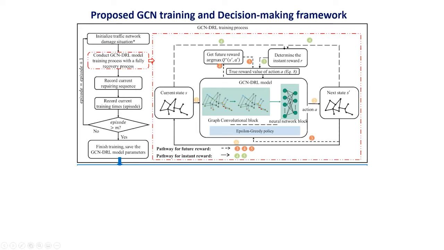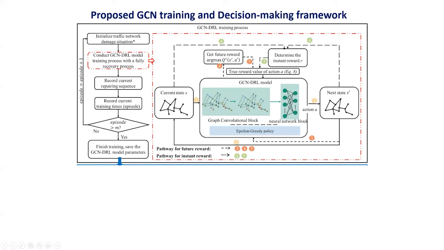At the beginning, we input the current state of the road network into 2 layers of graph convolutional neural network, and we average the output of the graph convolutional neural network using 2 layers of normal neural network blocks. The last layer of the neural network gives us the action that we should take under the given current state.